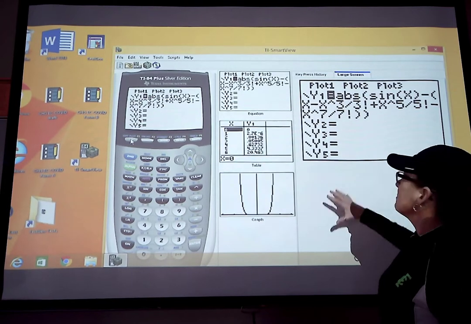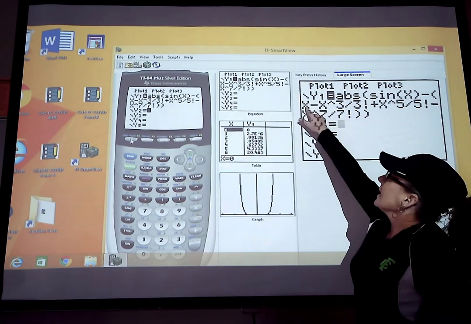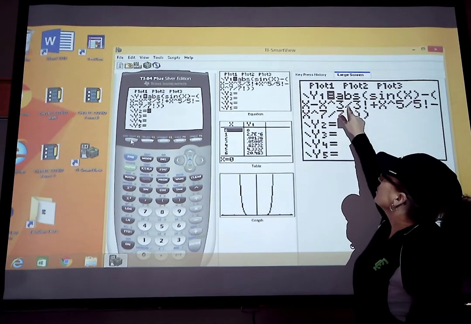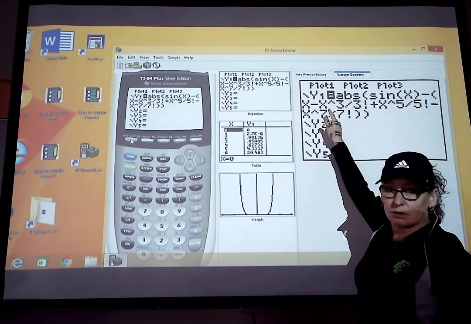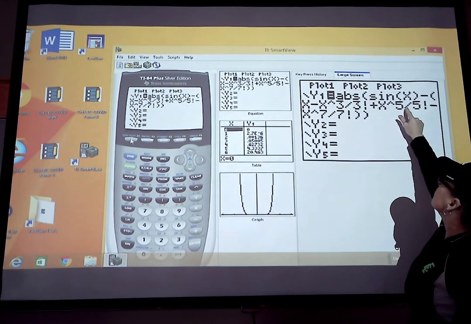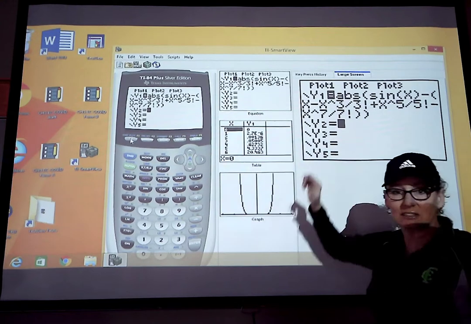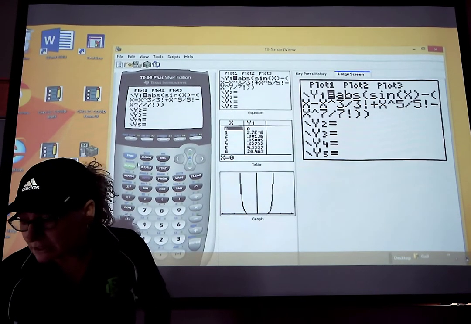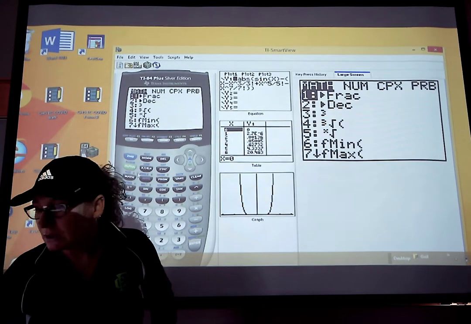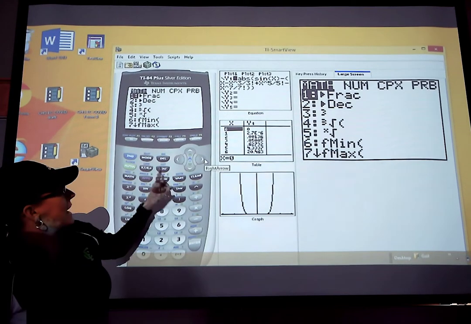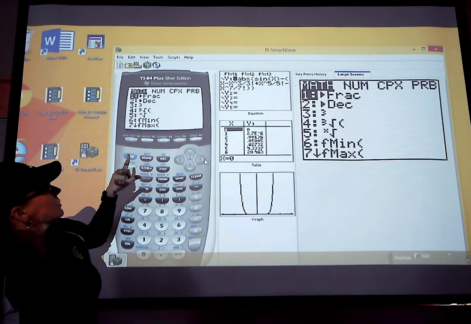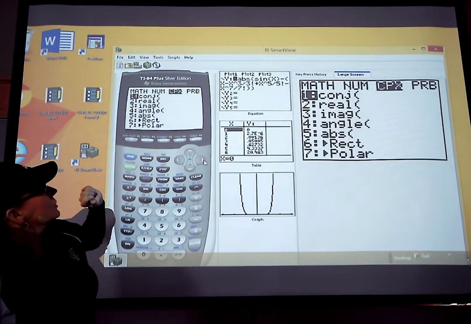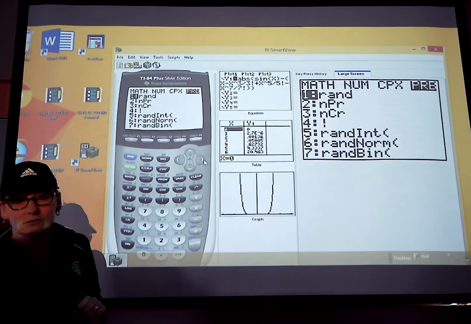Now start typing it all in. I've got x minus x to the 3rd over 3 factorial, plus x to the 5th over 5 factorial, minus x to the 7th over 7 factorial. You need to know where the factorial is? I got you. Math, over, 4th option.